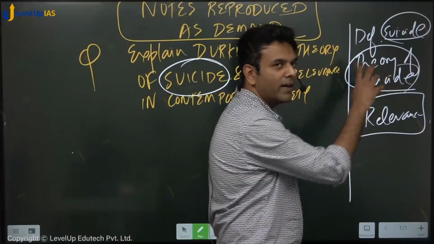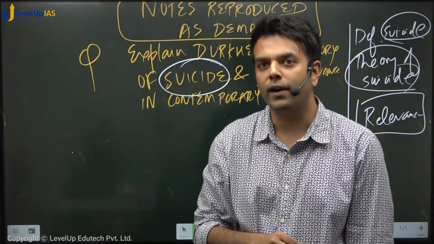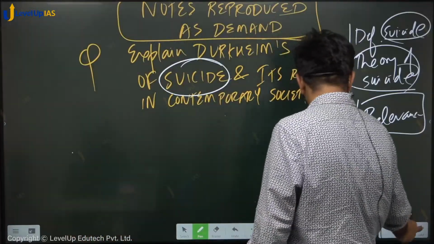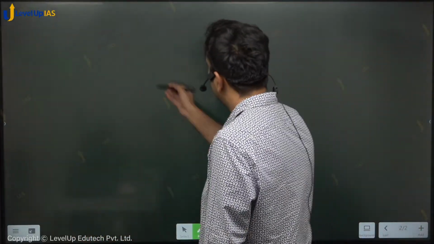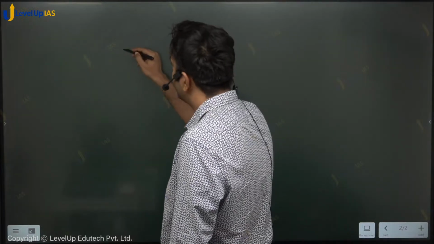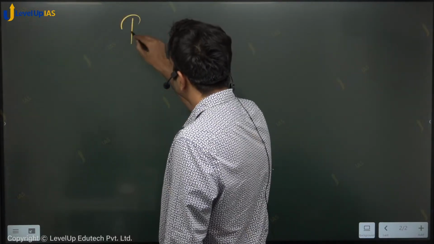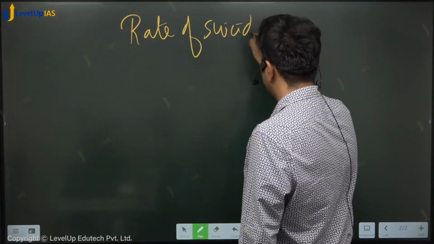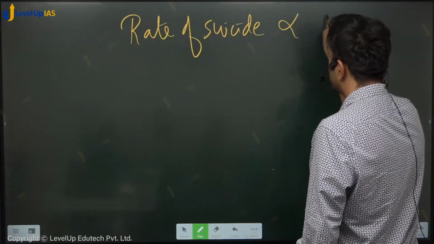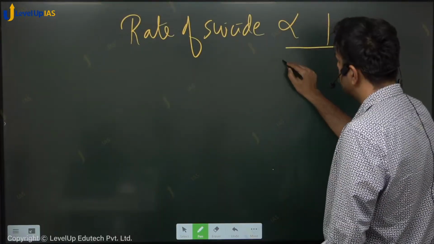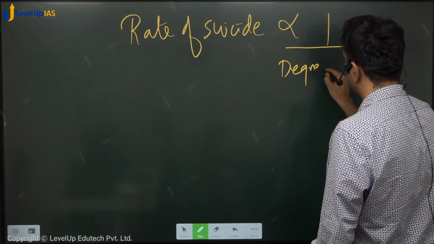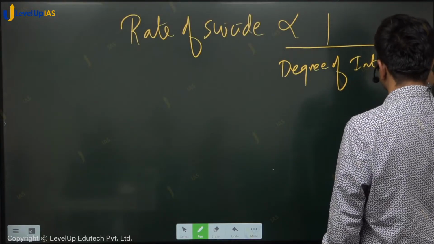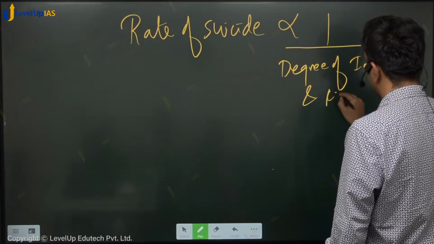Now understand what is the theory of suicide and why it is called different from typology. Now see, the theory of suicide is like this, that rate of suicide inversely varies with degree of integration and regulation.